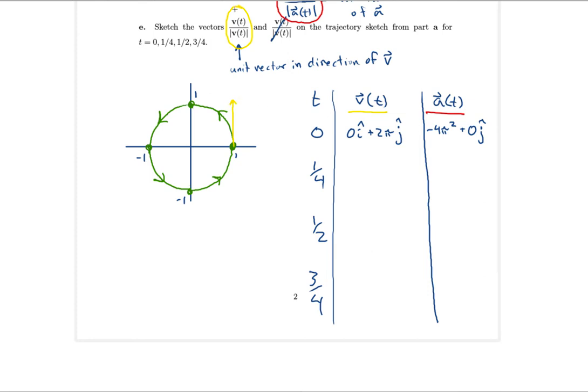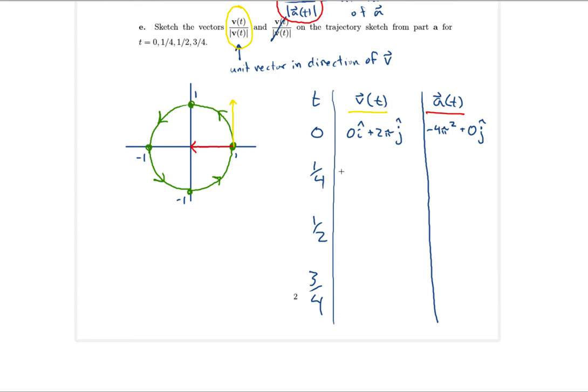And because I'm plotting the unit vector, it's just going to go up to a height of 1. Now my acceleration from that same point is a negative x value and a 0y. So no movement in the y, but negative movement in the x direction. So that does that.